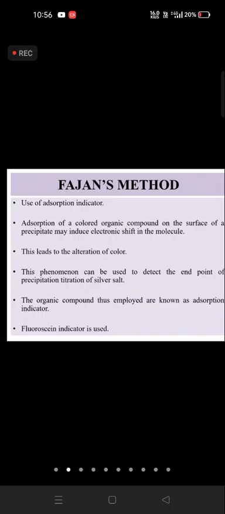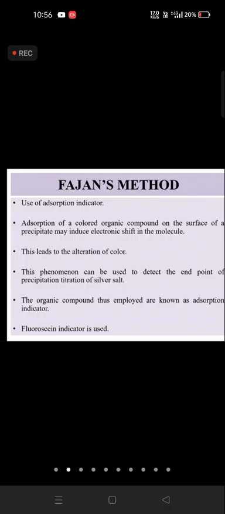In case of Mohr's method of titration, we use potassium chromate indicator. In case of Fajans method, we are using fluorescein indicator. Now this indicator is an adsorption indicator. What is an adsorption indicator? The indicator which will show its chemical reaction from the surface of the solution. That means it will not go internally within the solution.